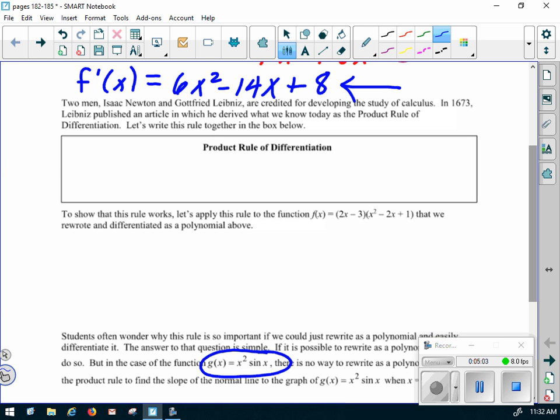The product rule of differentiation says this.